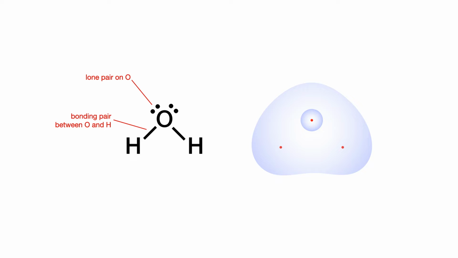But it's not as convenient to work with as a Lewis structure. And there are some molecules where Lewis structures really don't work very well to capture the essential bonding that's going on.